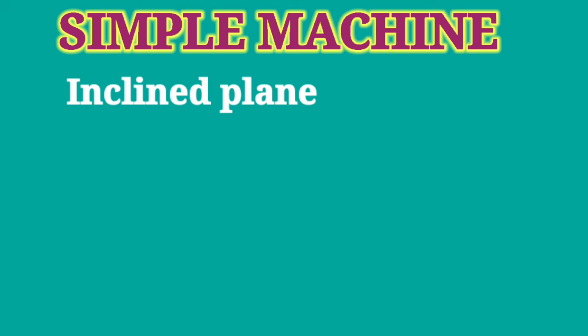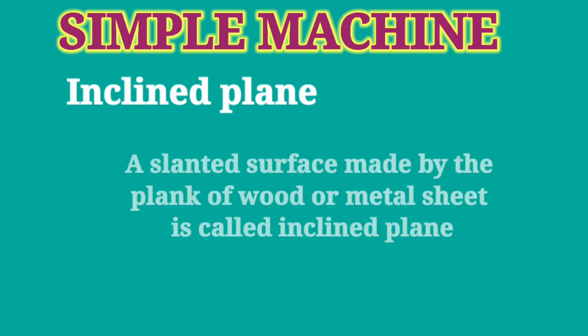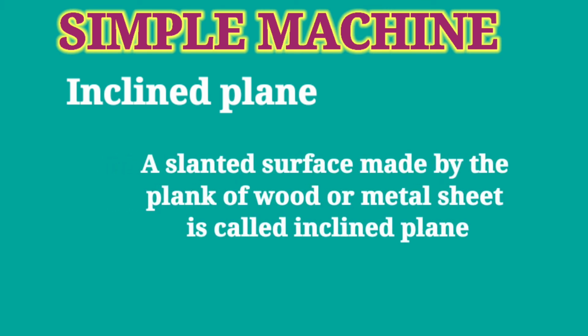So it is defined this way: an inclined plane is a slanted surface made by a plank of wood or metal sheet. It is not horizontal, it is making a certain angle with the plane surface.